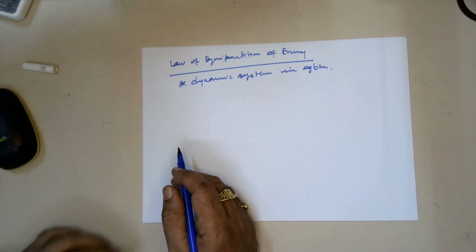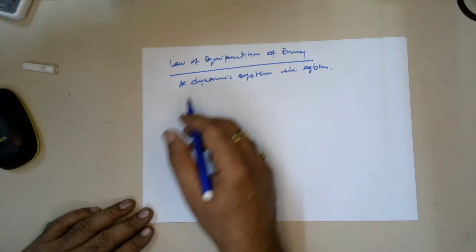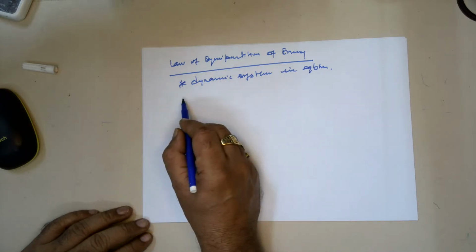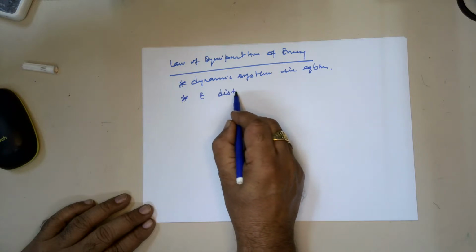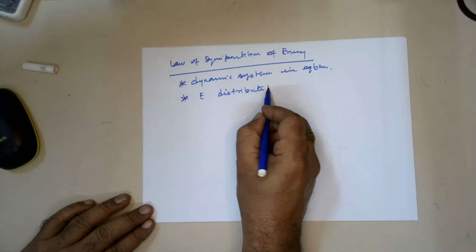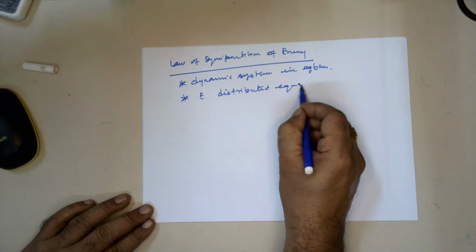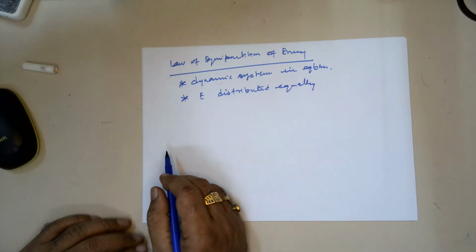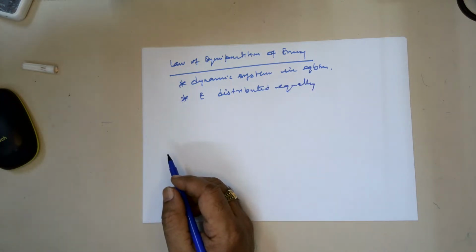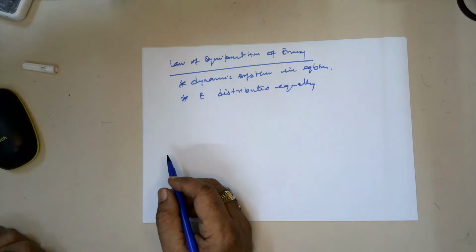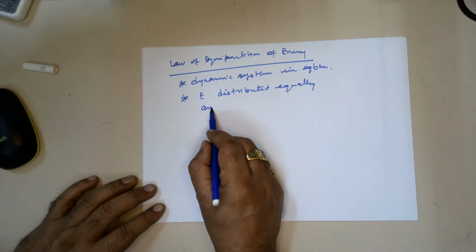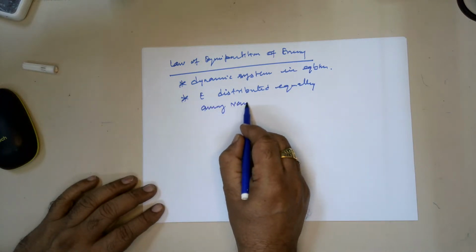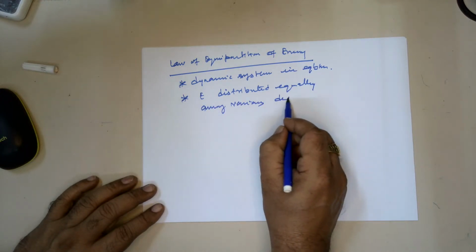The energy of the system is distributed equally among the various degrees of freedom.